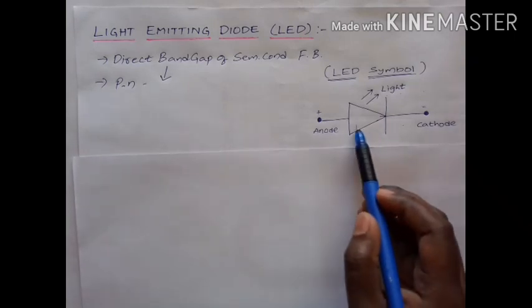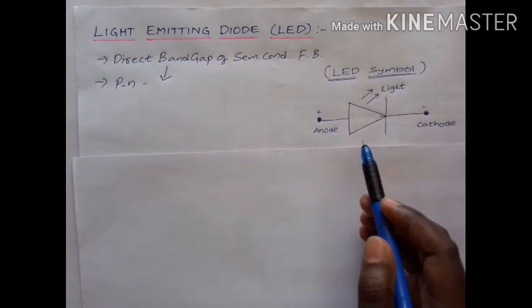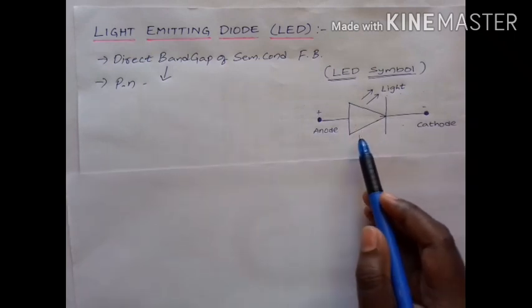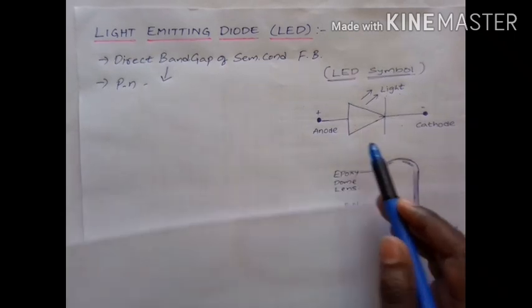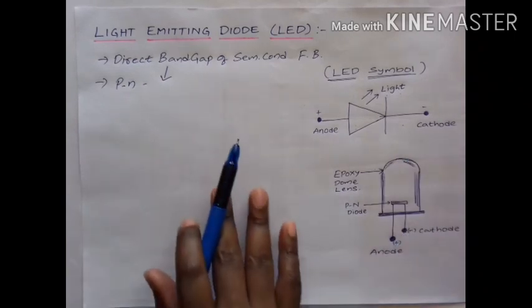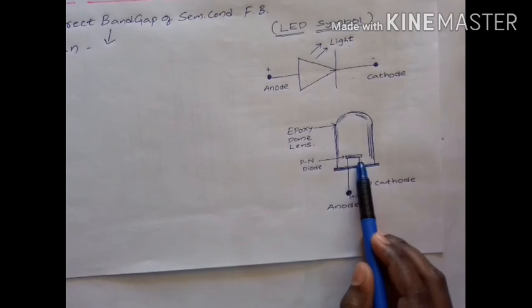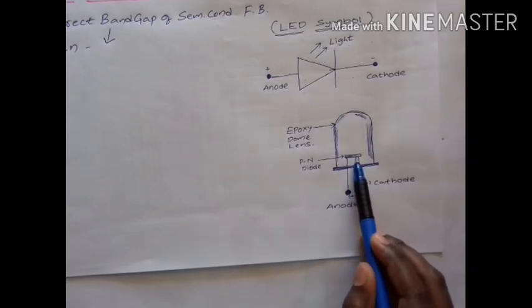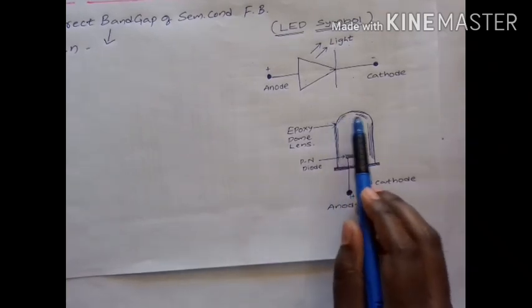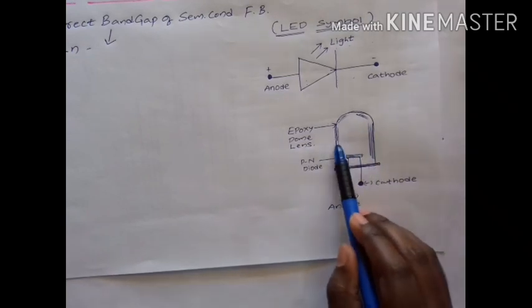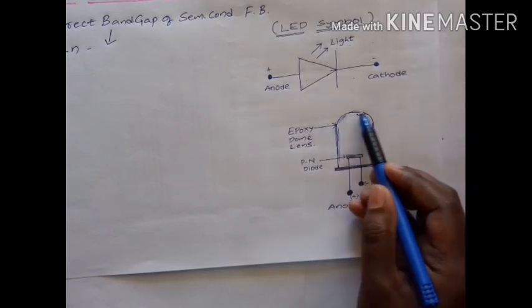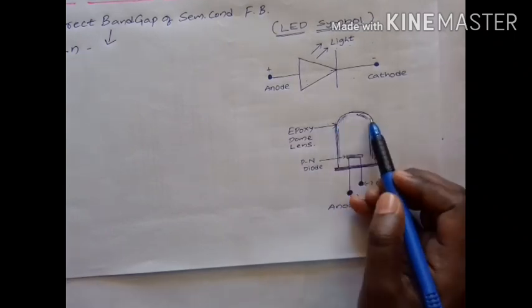This is the symbol of the LED, but the practical structure of the LED looks like this. Here a PN junction diode is placed in an epoxy domed lens, or plastic domed lens, which is in the shape of a hemispherical structure.